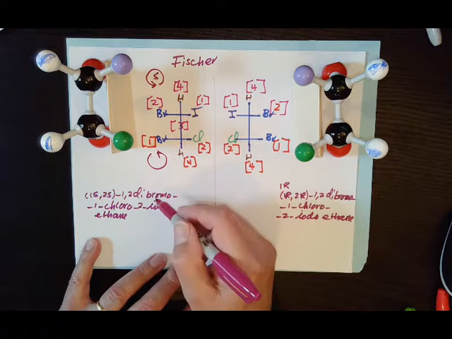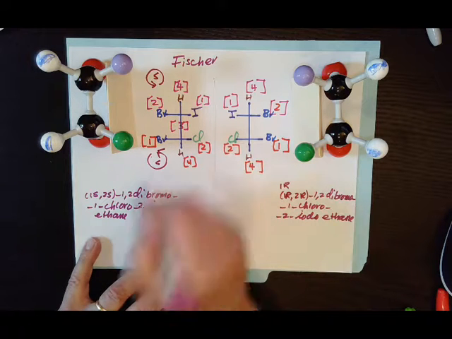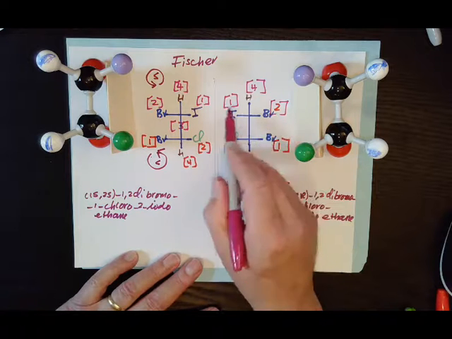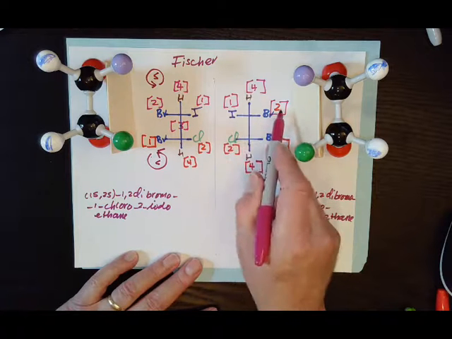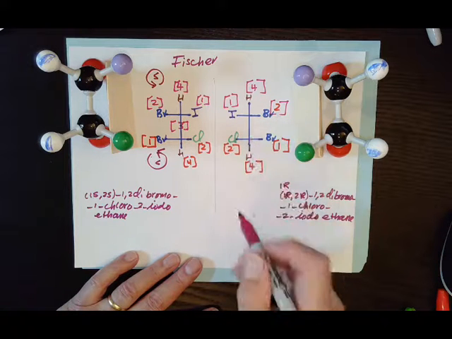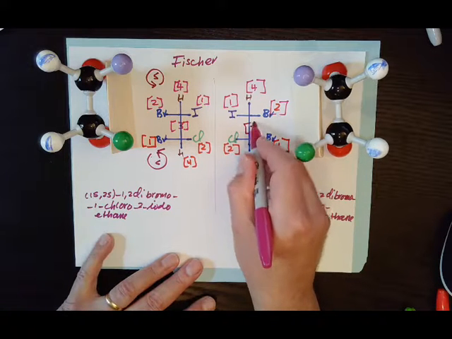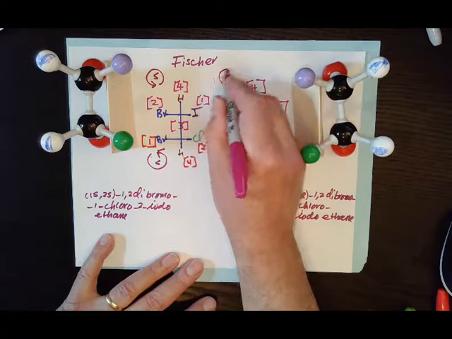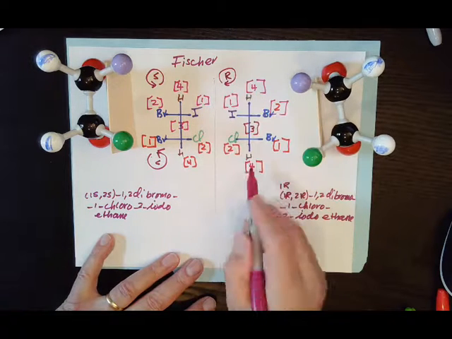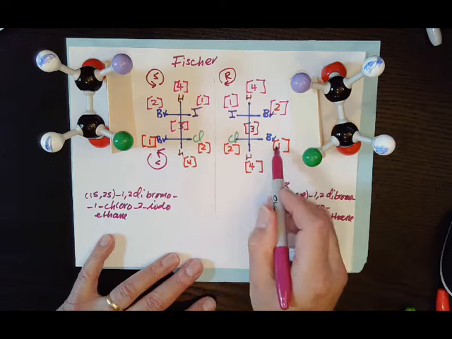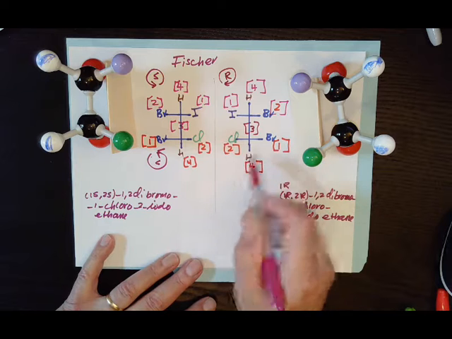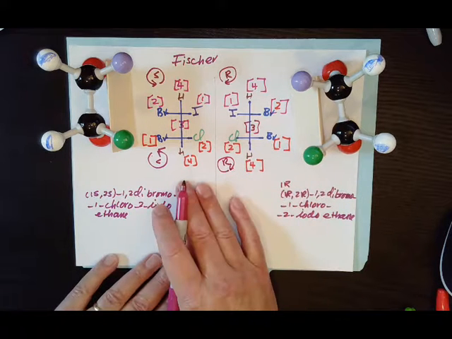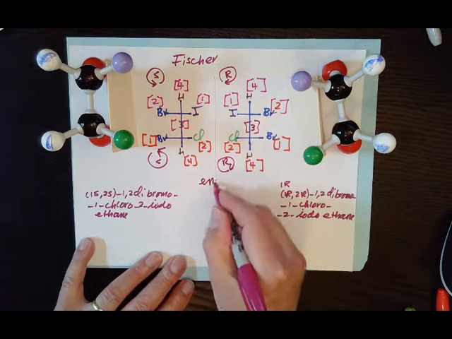Also counterclockwise, it is S. Do the same thing on the right side. 4, ignore. 1, 2. Oh, I forgot the 3 here. 1, 2, 3. R. Look at this one. 1, 2, 3. R. So they're a mirror image of each other, remember? And they're enantiomers.